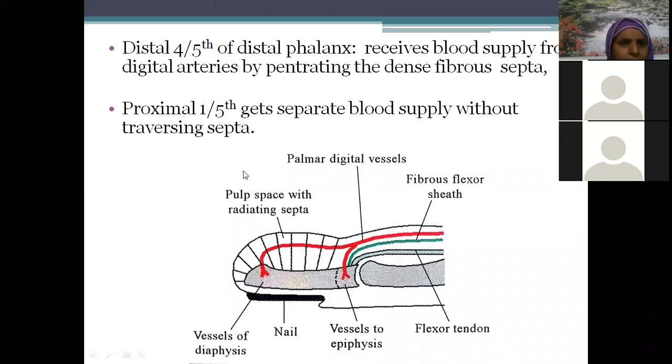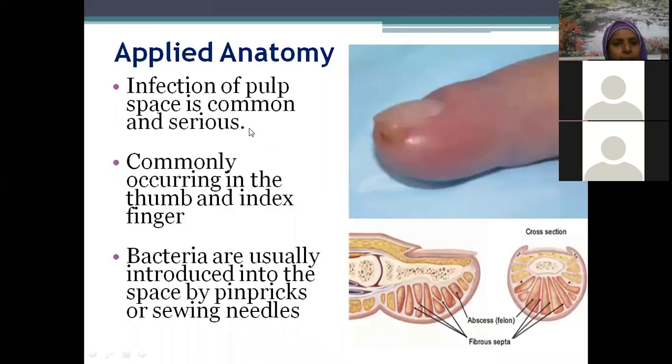Don't worry. Distal 4/5 of distal phalanx receives blood supply from digital arteries. Once we study the palmar arches, you will come to know that the digital arteries are the branches of superficial and deep palmar arches. Now see here, there can be infection like this. This infection of pulp space is common, and of course it is serious also.